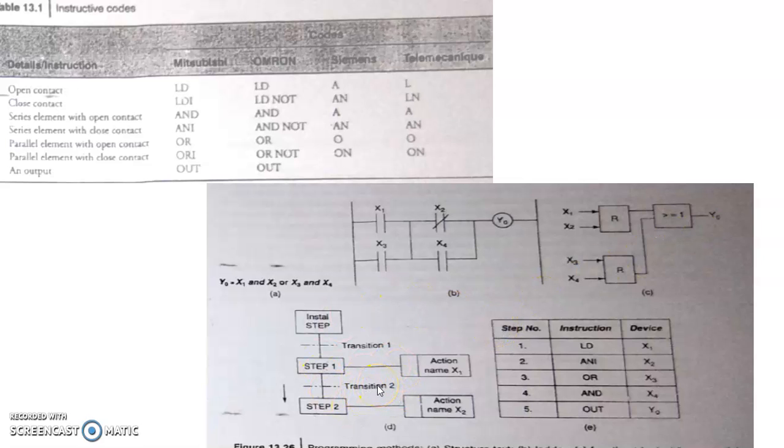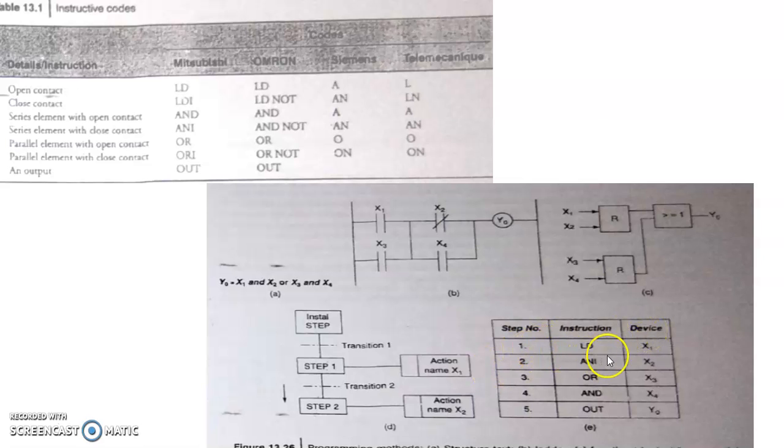Figure D shows the sequential functional chart which has different steps. Step 1 in which we have introduced x1, step 2 in this we have introduced x2. Then last figure, figure E, which is instruction list. So in this table we can see step numbers are there, then instructions and devices are written in column.